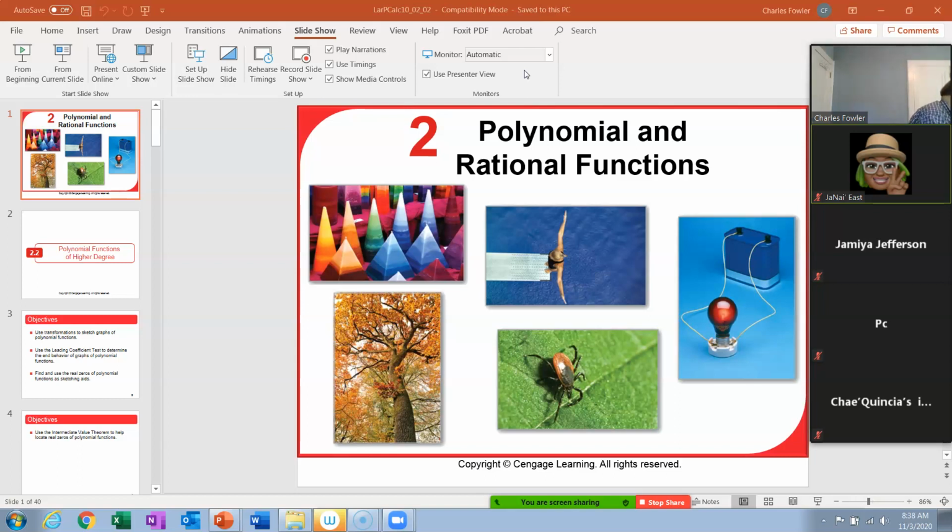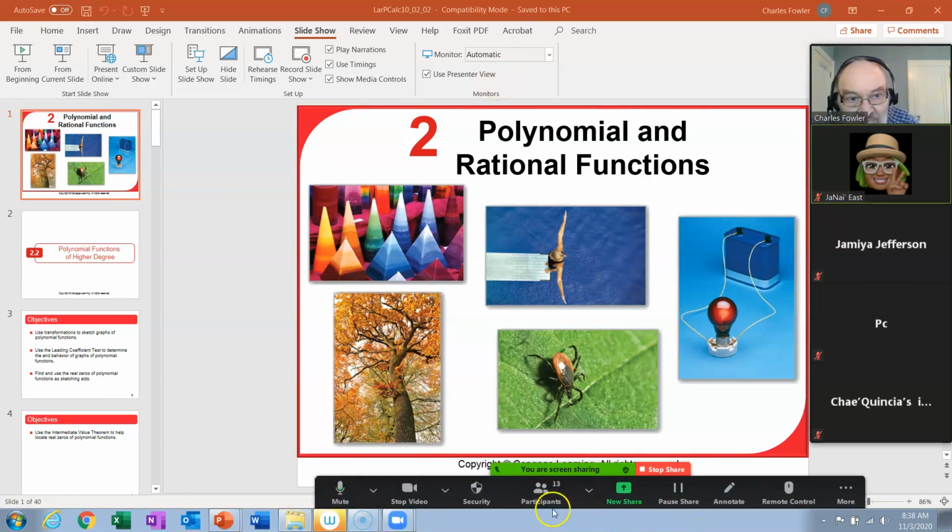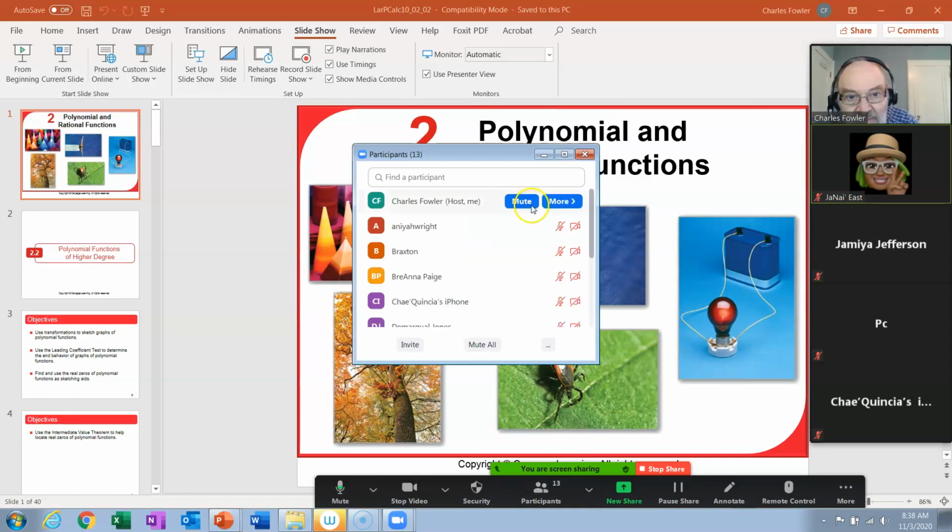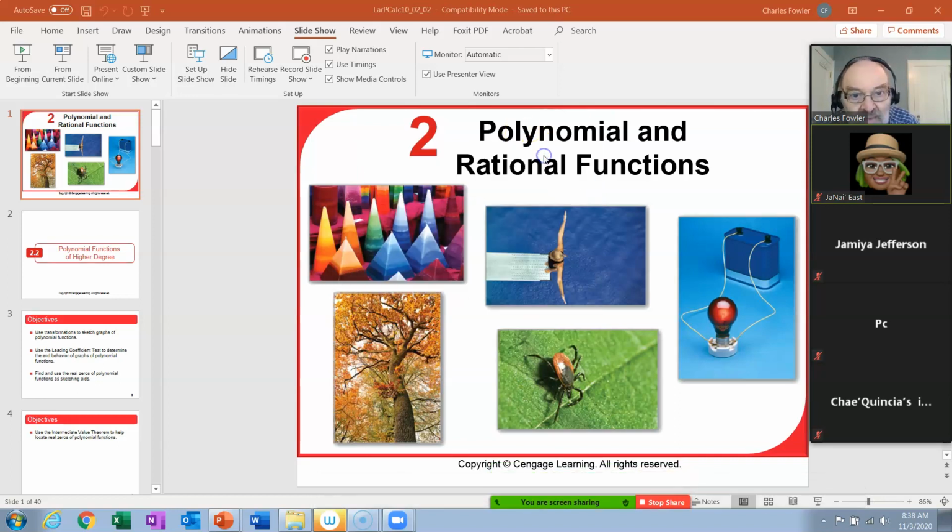Oops, D is here. Let me get D marked here. All right, that should have us 1, 2, 3, 4, 5, 6, 7, 8, 9, 10, 11, 12. Let's make sure we got 12 students here. Yep, 12 students. Nobody else waiting. All right, we'll go from current slide.